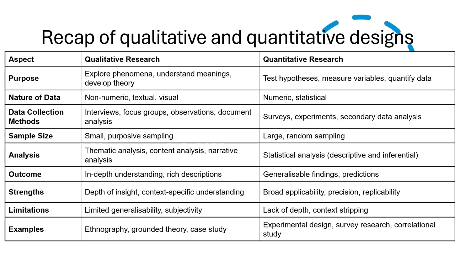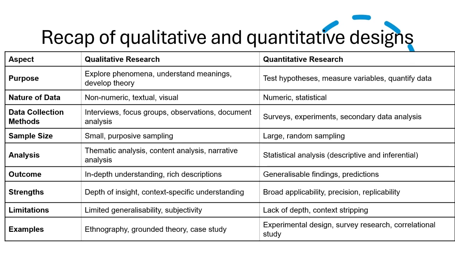The limitation of a qualitative design is limited generalizability because it's so context specific, and there's also an element of subjectivity. In quantitative research, with its broad application, it often lacks depth and it strips context. So just some designs in terms of the two approaches.